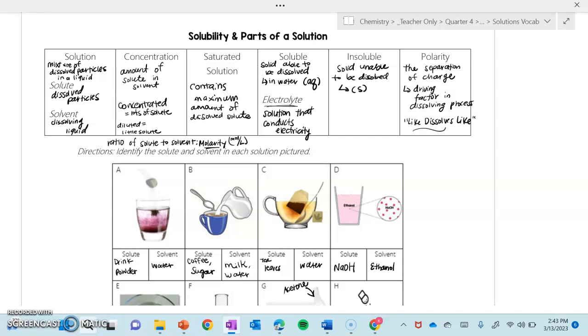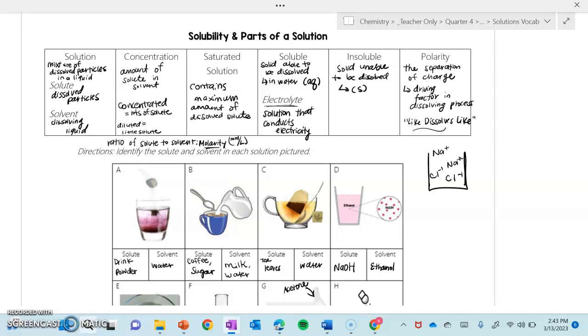So for example, if I have a saturated solution of salt, I'm going to draw a little beaker here. Let's say this is an electrolyte, so we're going to fully dissociate those particles. I'm just going to pick an amount that is going to be my saturation level. I'm just going to say having 2 of each is saturated.